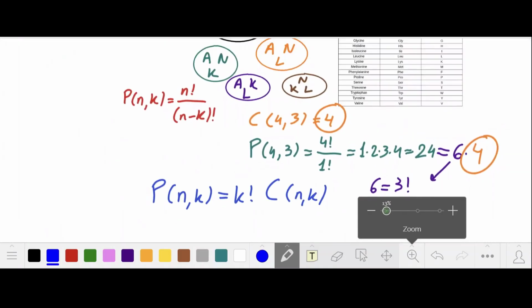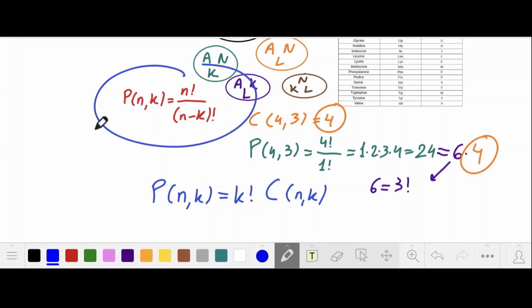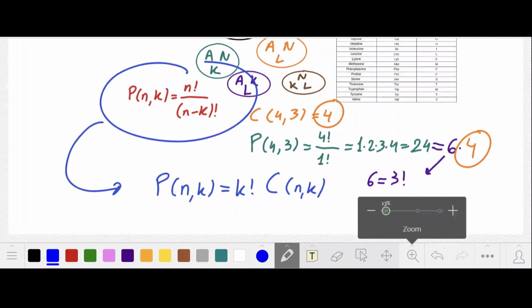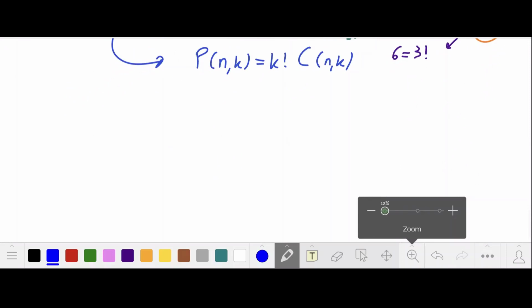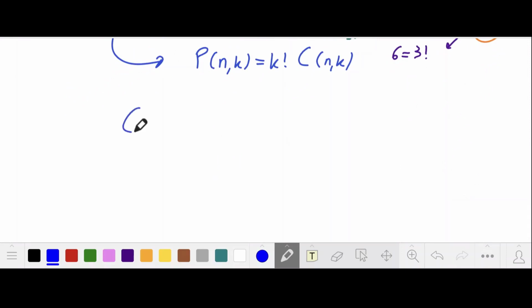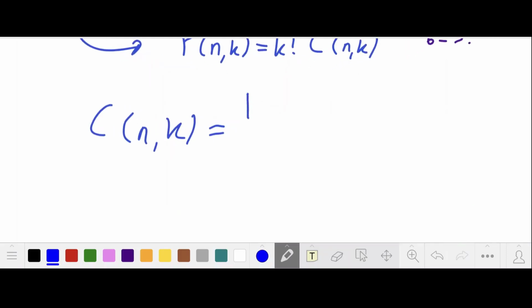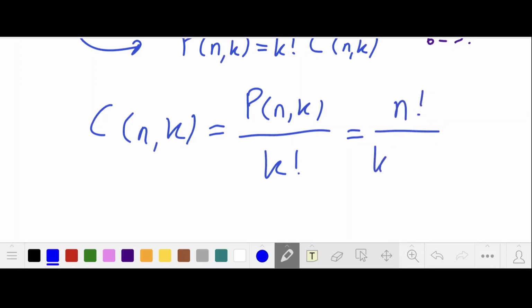Okay, so we apply this to our new formula, and we see that the amount of combinations of n objects taken k at a time is equal to their permutations divided by k factorial, and that is equal to n factorial divided by k factorial multiplied by n minus k factorial.